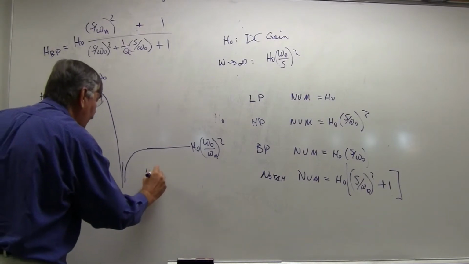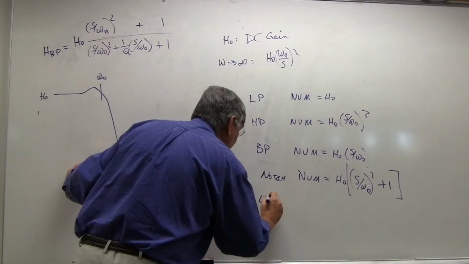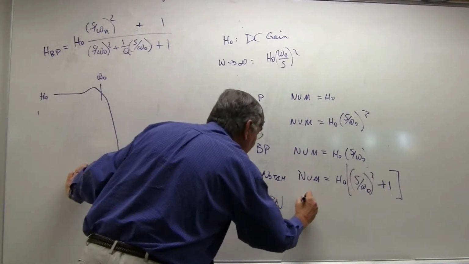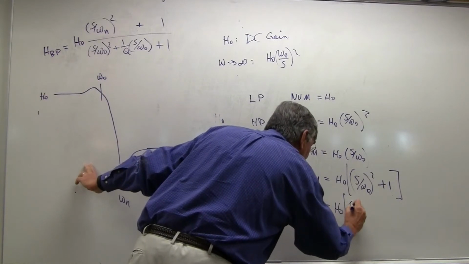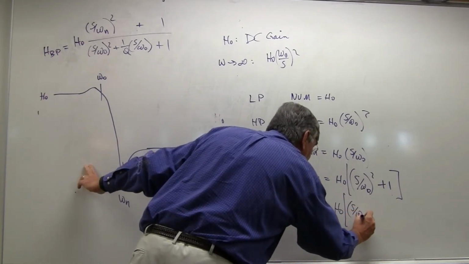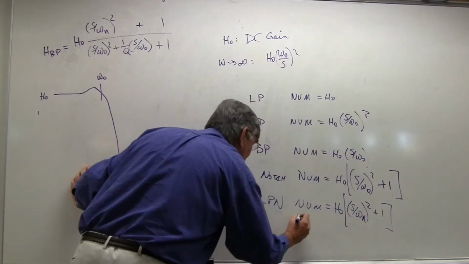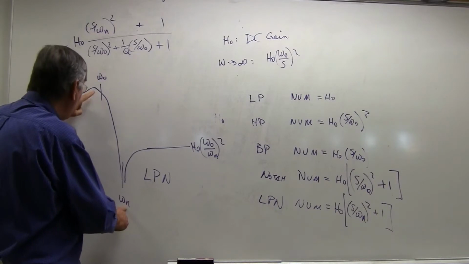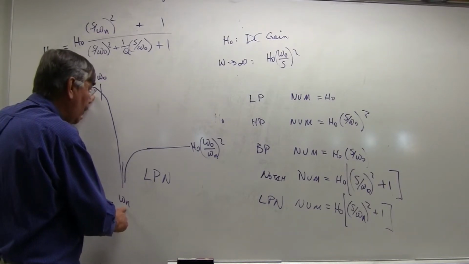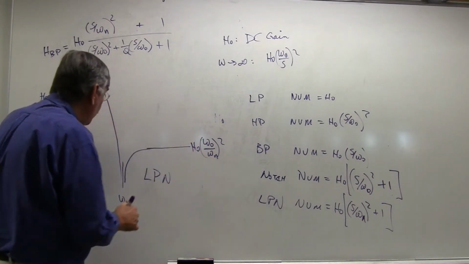So this is sometimes called a low pass plus notch function, LPN, and it's the same type of numerator that we had over here, except it's got s over omega sub n, where n is the notch frequency, and to make it a notch, the omega sub n has to be at a frequency which is, actually I drew it wrong before, omega sub n has to be greater than omega naught so that this thing will be lower than that.